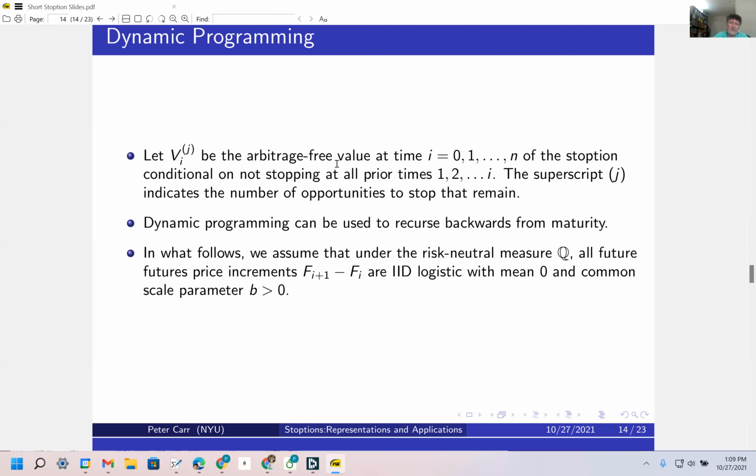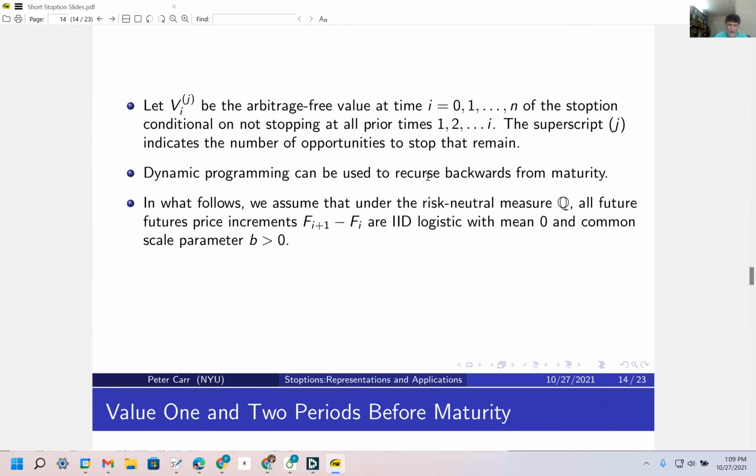And so we're going to use dynamic programming, recursing backwards from maturity. The model we're in is going to say that under risk neutral measure, all futures price increments are independently identically distributed with a logistic distribution, mean zero, so that they're risk neutral, and they have a common scale parameter b.